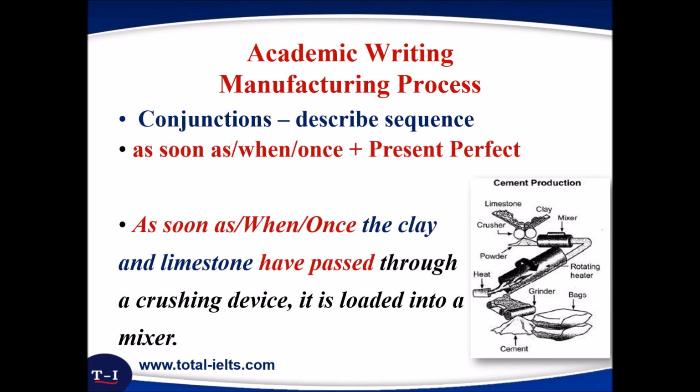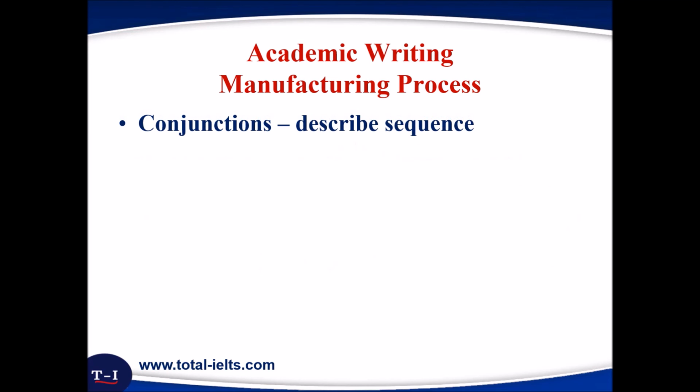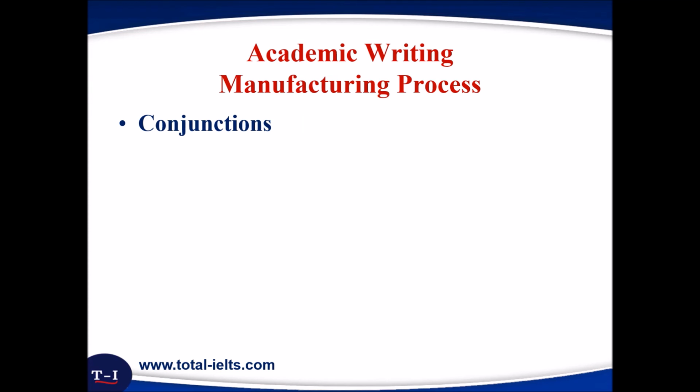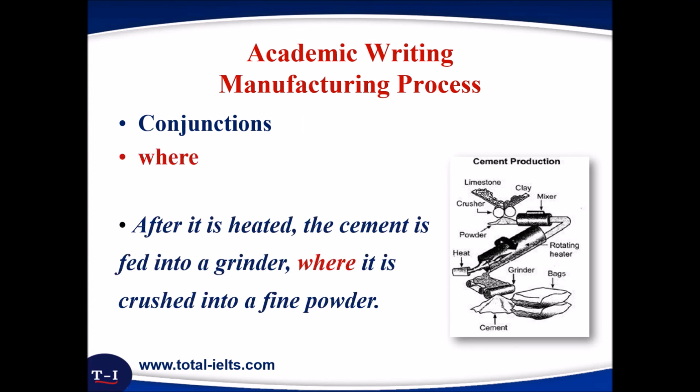As soon as, when, or once, plus present perfect. As soon as the clay and limestone have passed through a crushing device, it is loaded into a mixer. Before plus ing. Before being packed into sacks, the cement is run through a grinding device. And another useful conjunction is where. After it is heated, the cement is fed into a grinder where it is crushed into a fine powder.